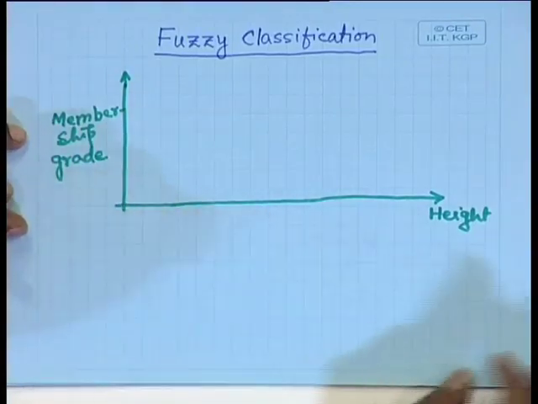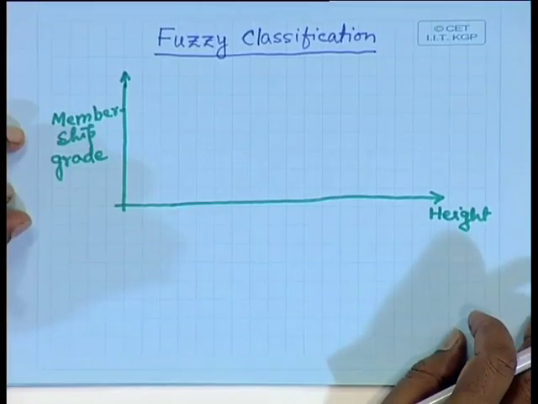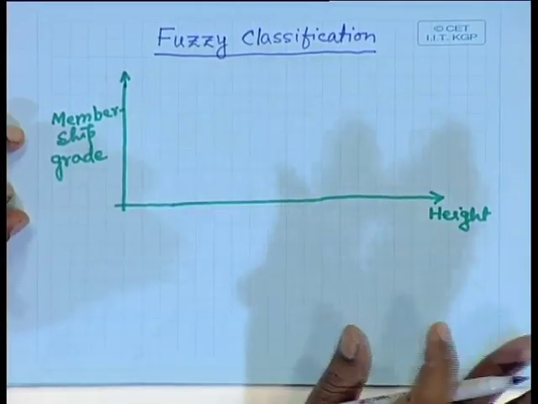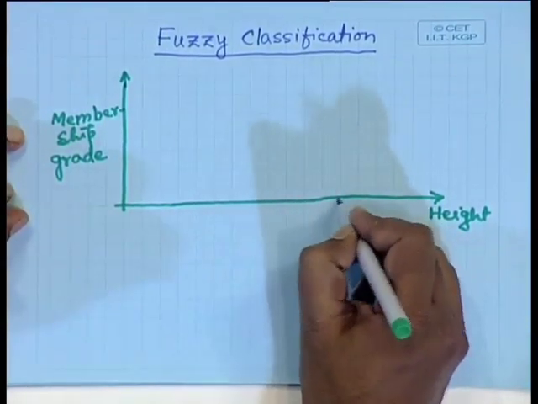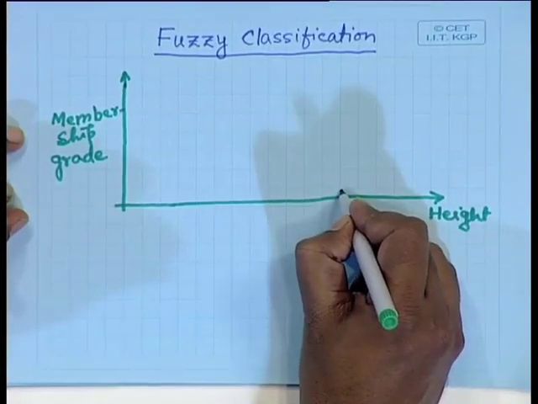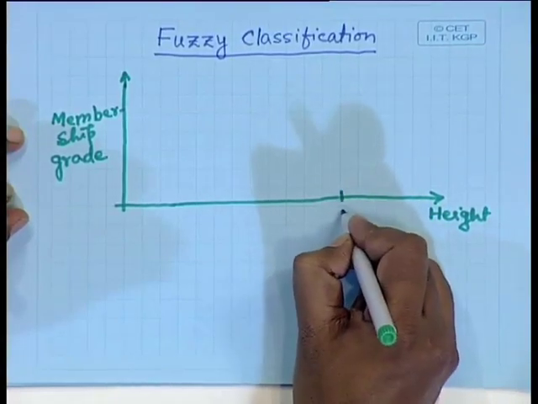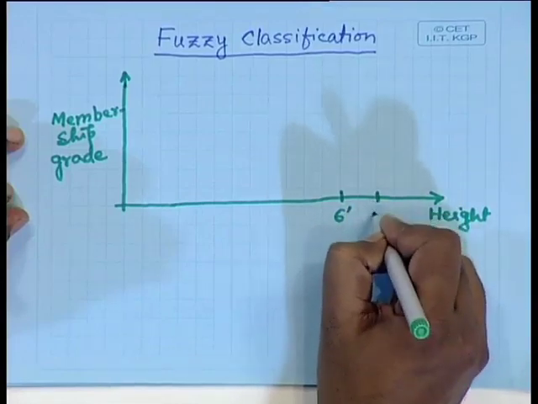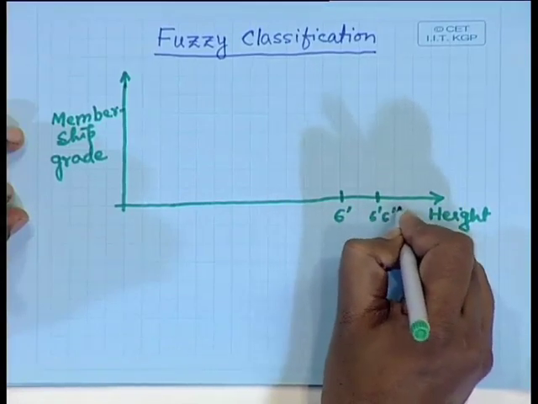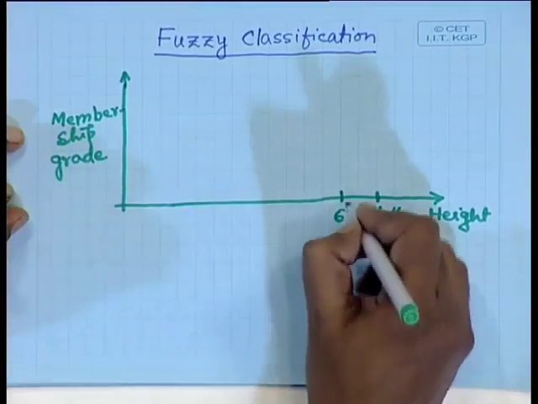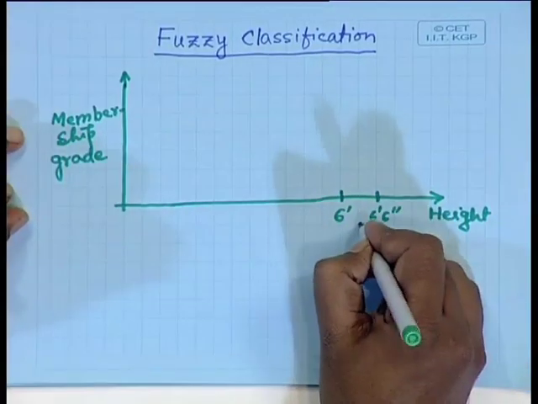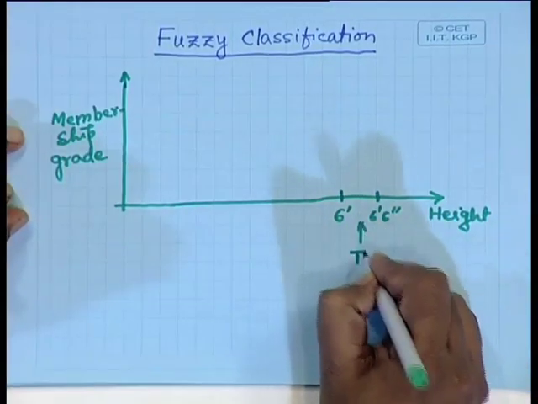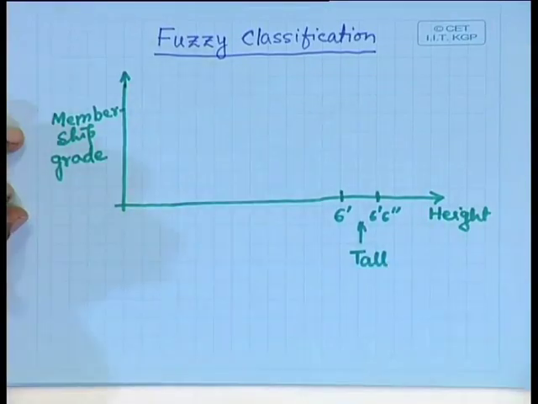Our classification rule will be something like this. If the person's height is between say 6 feet and 6 feet 6 inches, I will say that the person is tall. This is the region where I say the person is roughly tall.